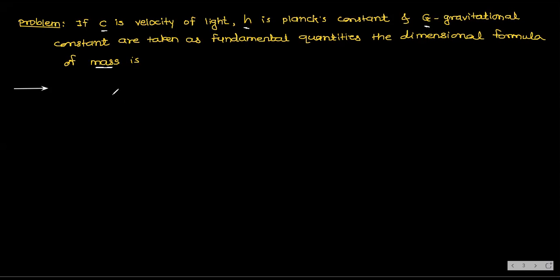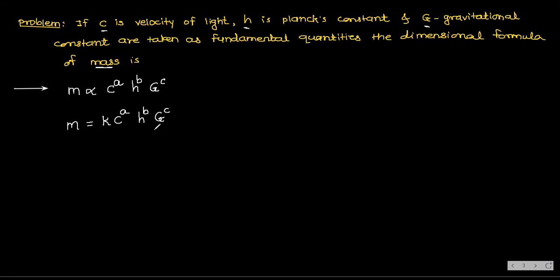In terms of C, H and G. So let's start solving this according to our own way. That is, M is proportional to, let us suppose, C power A, H power B and G power C. So therefore M is equal to K into C power A, H power B and G power C. This is what, let us suppose, assume the relation.